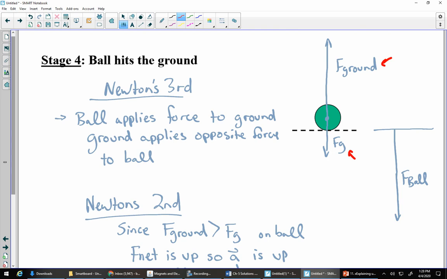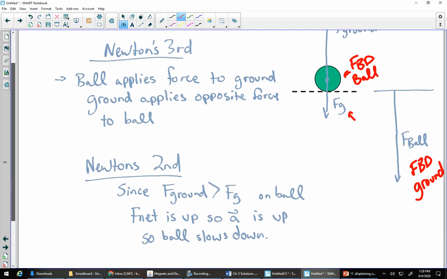And you'll notice that this is my free body diagram for the ball on this side over here. I needed to draw a separate free body diagram or force diagram for the ground over here, because remember, those forces act on opposite or different objects. Cool. So that's my Newton's third law.